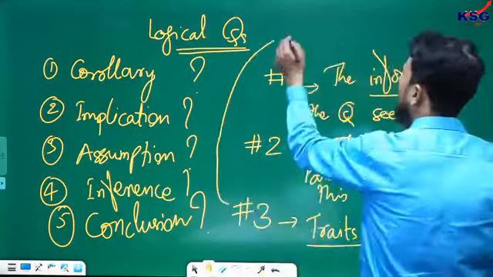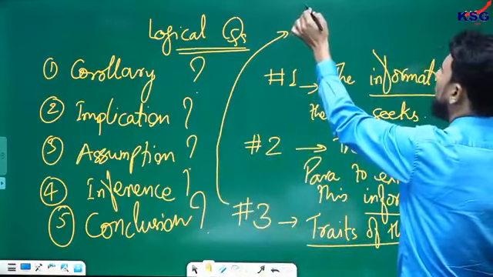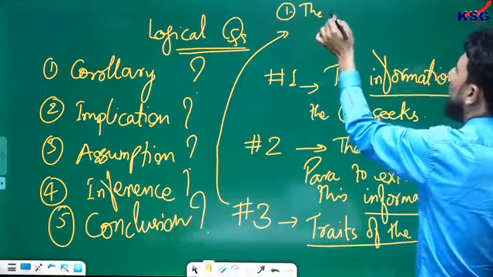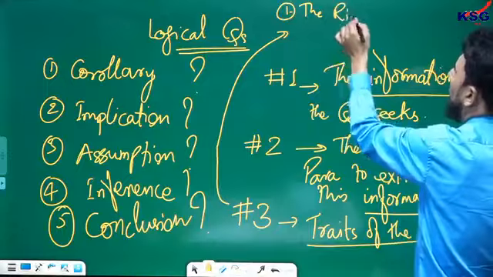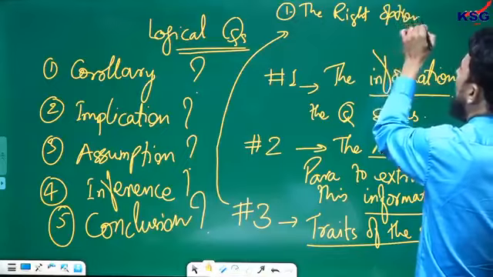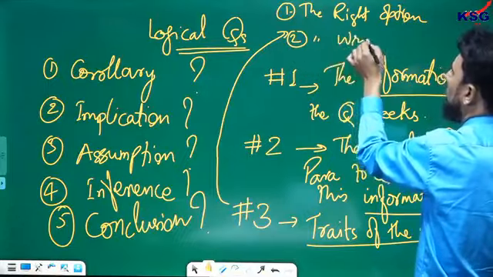So I write the point number three here, the traits of the right option. Number one, that will be your answer. And number two, the traits of wrong options.